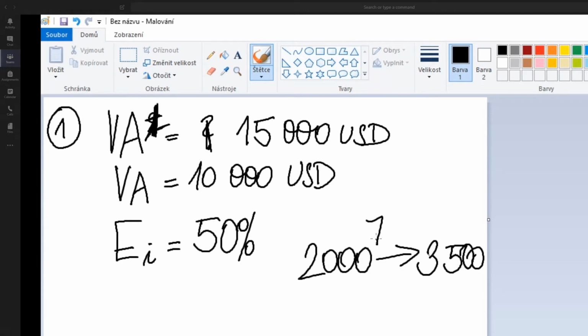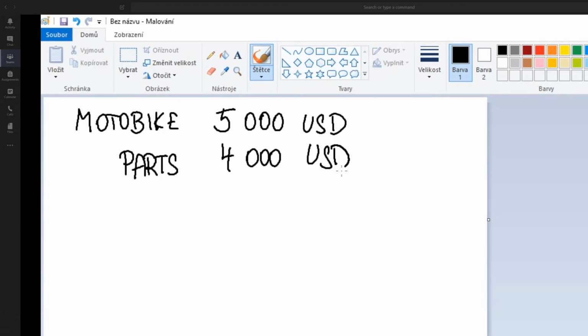So let's go to the second exercise. So now we will have the price of the motorbike. The price of the motorbike, the world price, it is 5,000 US dollars. And the price of parts for it is 4,000 US dollars. So you have two questions.